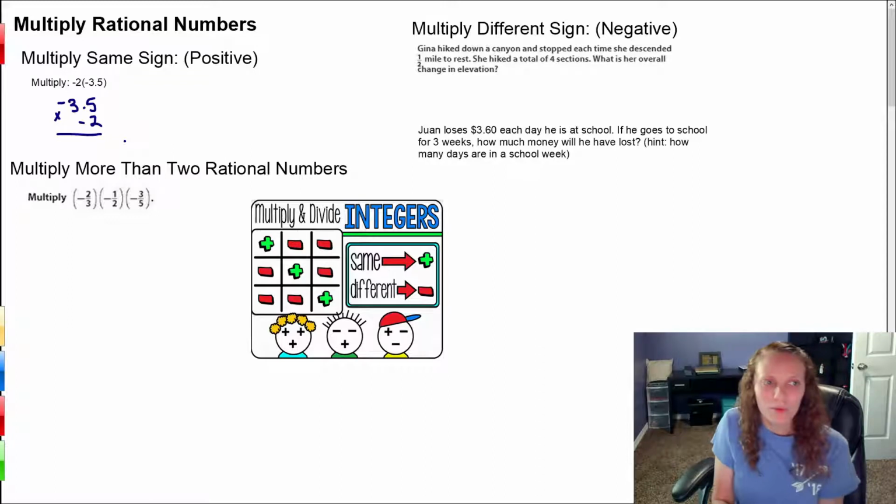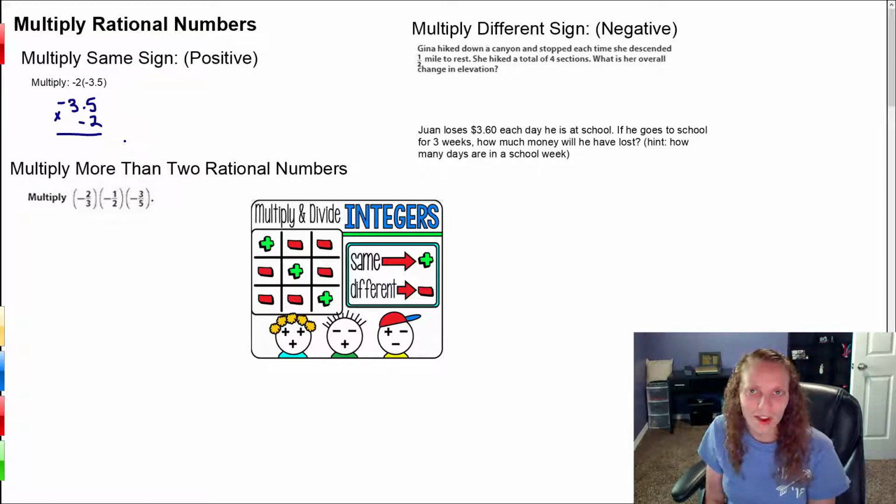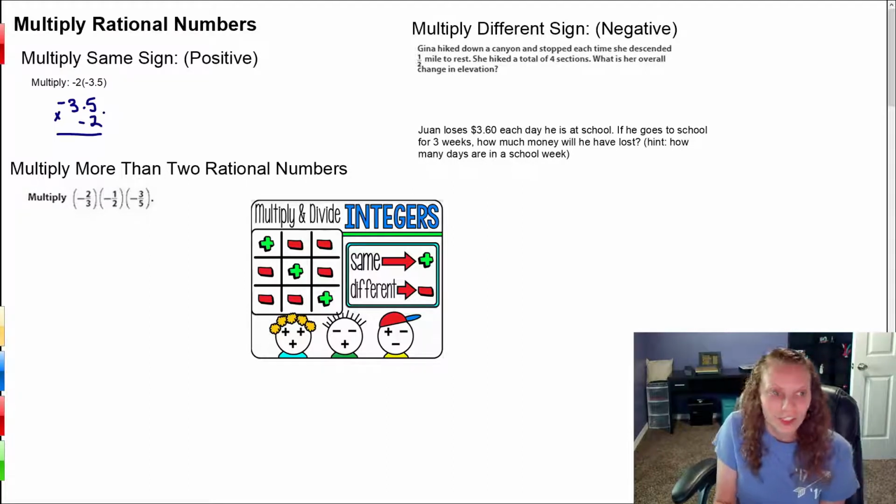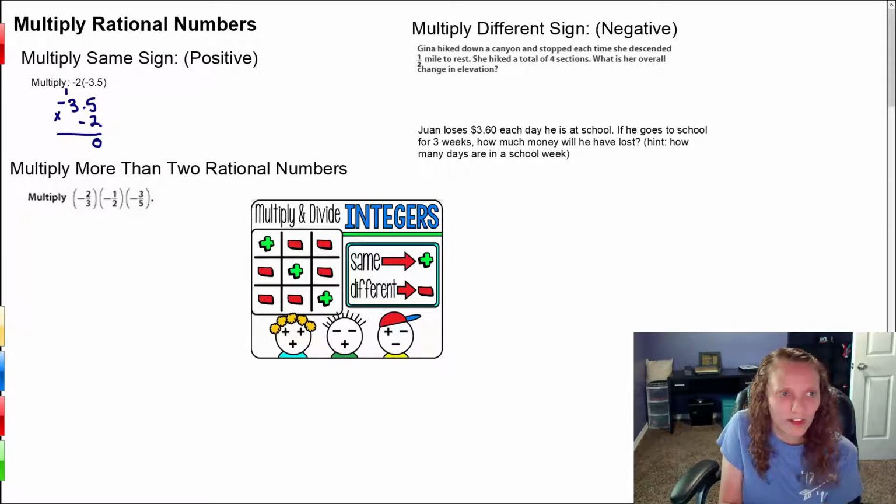The nice thing with multiplying decimals is you don't have to line up your decimal like you do with adding and subtracting. So if you notice the 2, I just placed it under the 5, even though if we were adding, we would have the 2 underneath the 3. So let's start multiplying. 2 times 5 is 10. Carry the 1. 2 times 3 is 6.